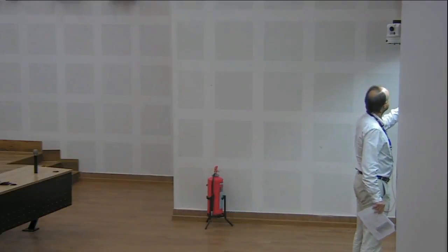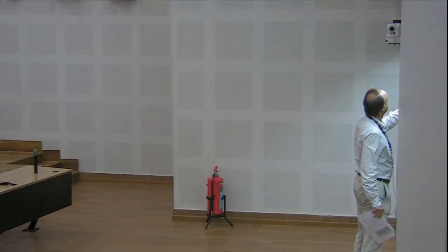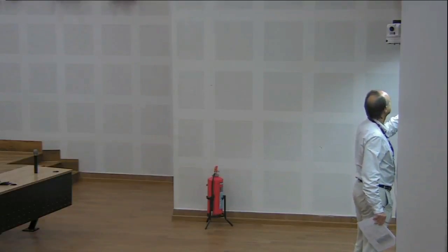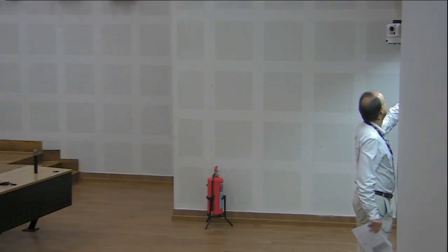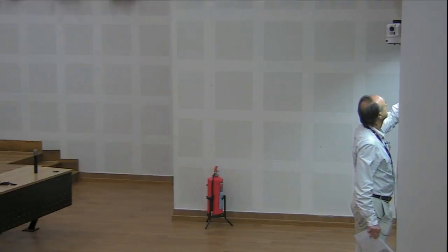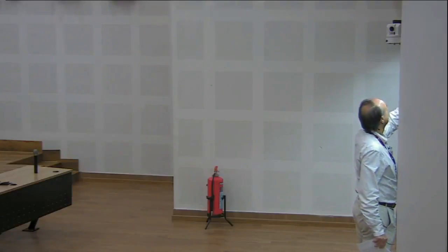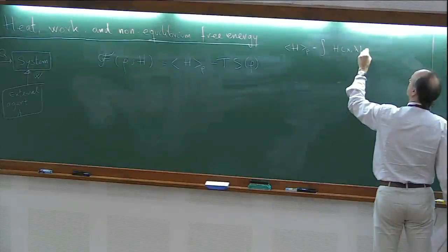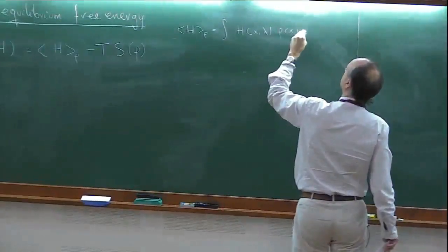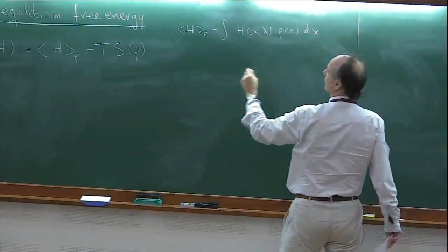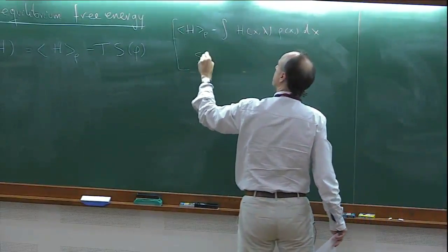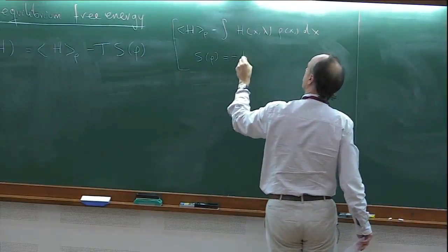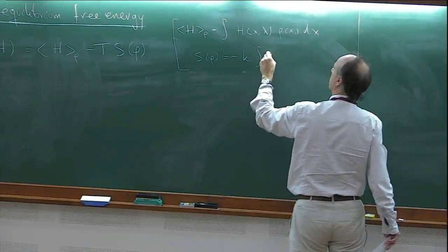It's defined as follows. This is the energy minus temperature times the Shannon entropy. So remember, H is going to have some parameter lambda, and the energy is averaged over rho of x. And the Shannon entropy is minus k times the sum of rho log rho.